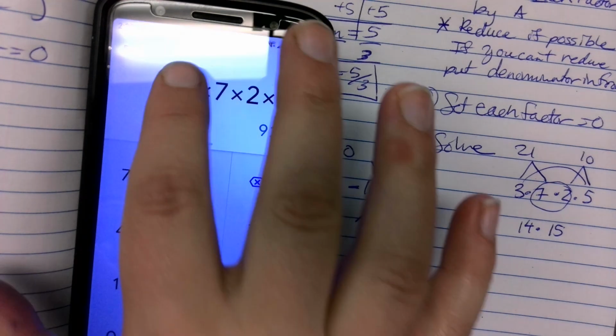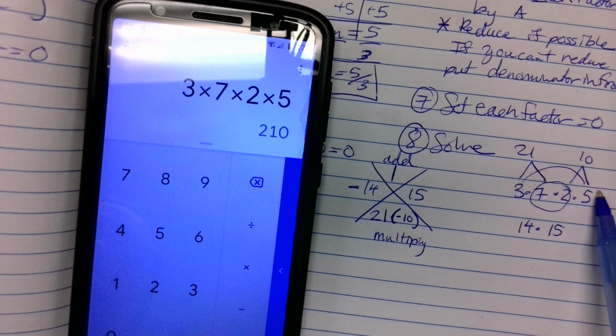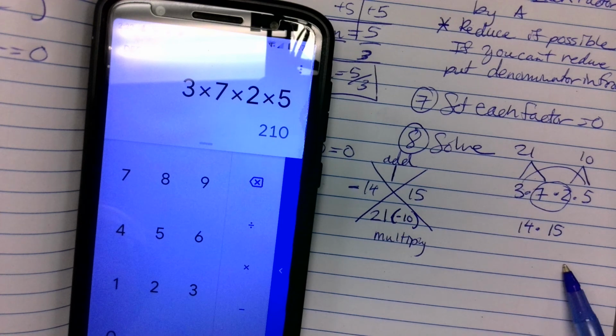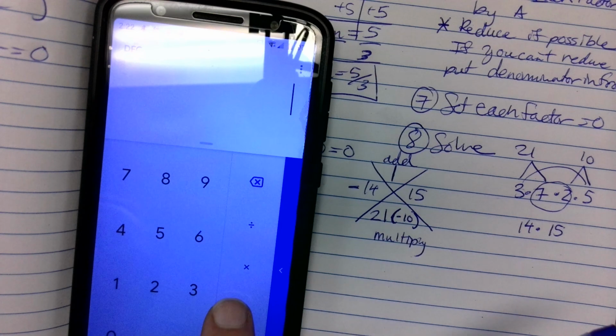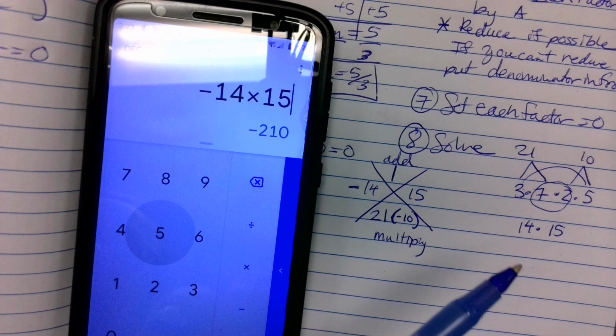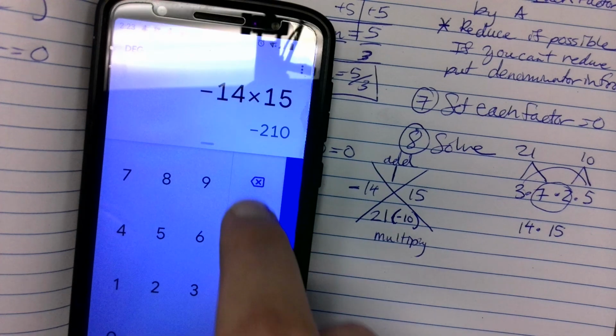So just helping you really understand that these numbers, I can use any grouping I want. Now, remember that was a negative, so negative 14 times 15, negative 210. Now, what if I added those? Positive 1. We're good to go.